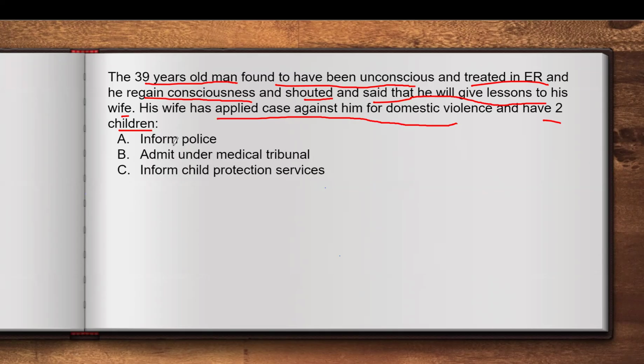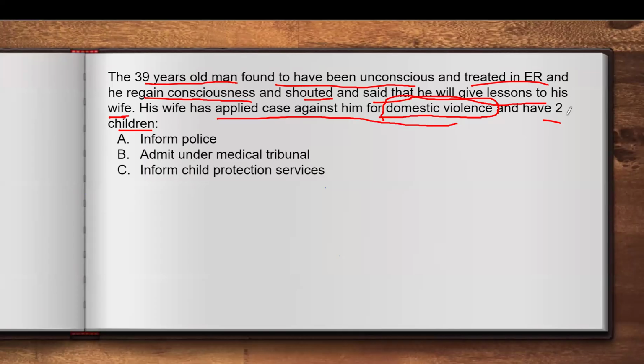So this patient has a history of domestic violence, okay? And he has made a threatening statement that he will give lessons to his wife. So this implies that there is some intent of harm that he may give to his wife. And thirdly, they have two children.